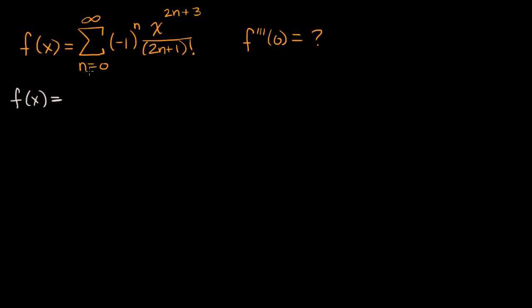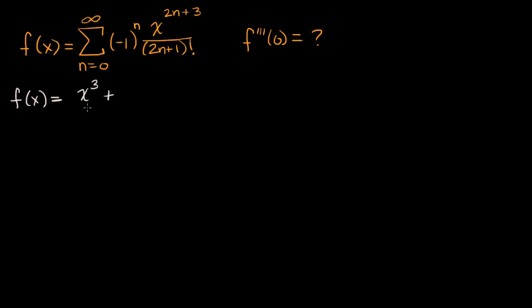F of x is equal to, let's see, when n is equal to 0, this is negative 1 to the 0, which is just 1, times x to the 0 plus 3. So it's going to be x to the third over 2 times 0 plus 1 factorial. So that's just going to be over 1.